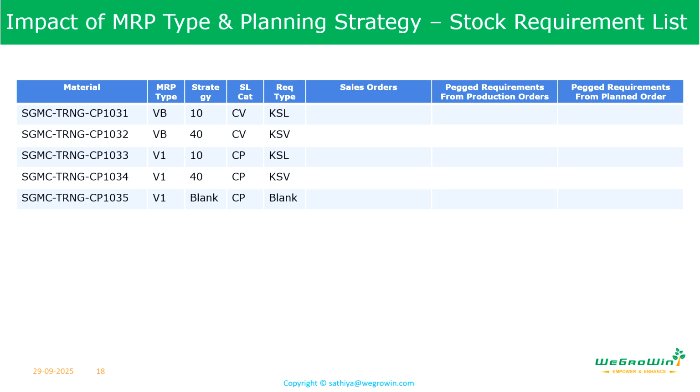Next, let us see how the sales orders and the pegged requirements are carried over to stock requirement list based on their MRP type and planning strategy. Let us go one by one, starting with CP1031 with MRP type VB and strategy 10.